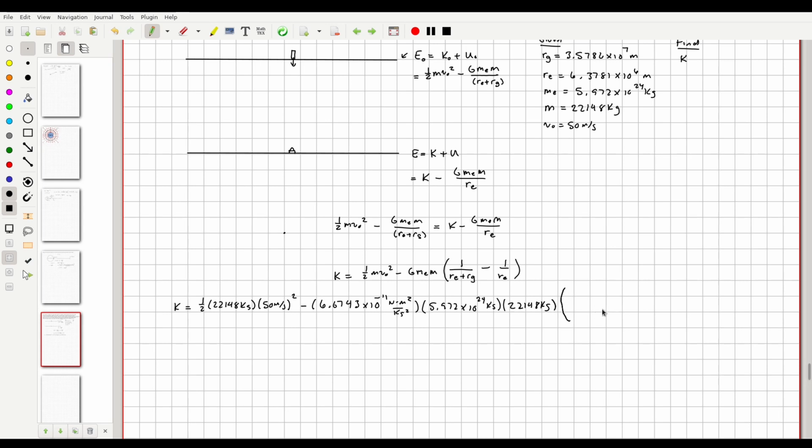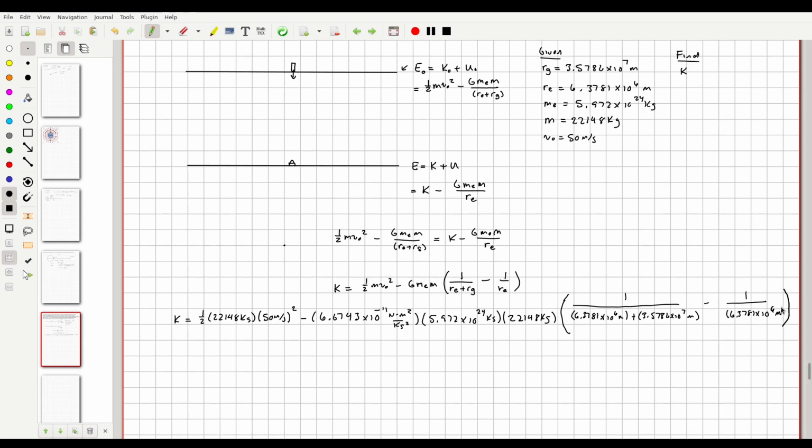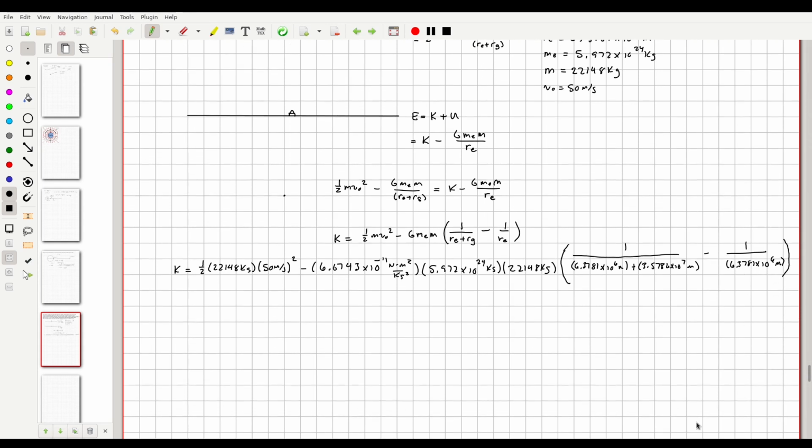Now, 1 over R sub E plus R sub G. That's R sub B plus R sub G minus 1 over R sub E. Okay, so it's a pretty big calculation.